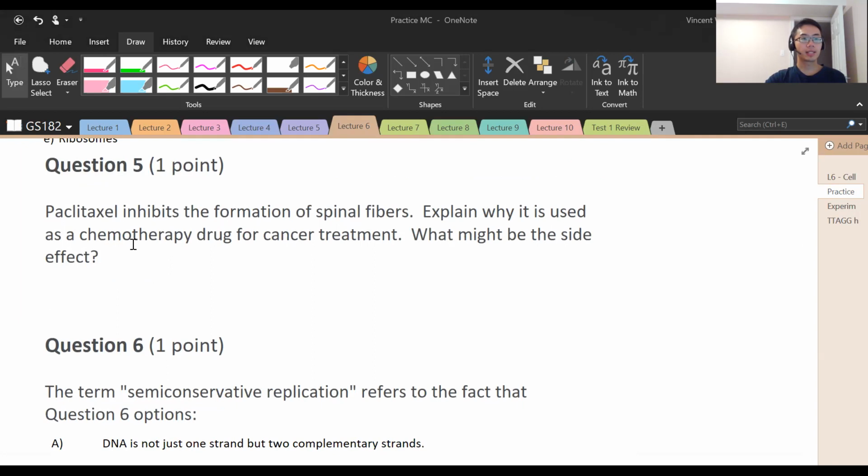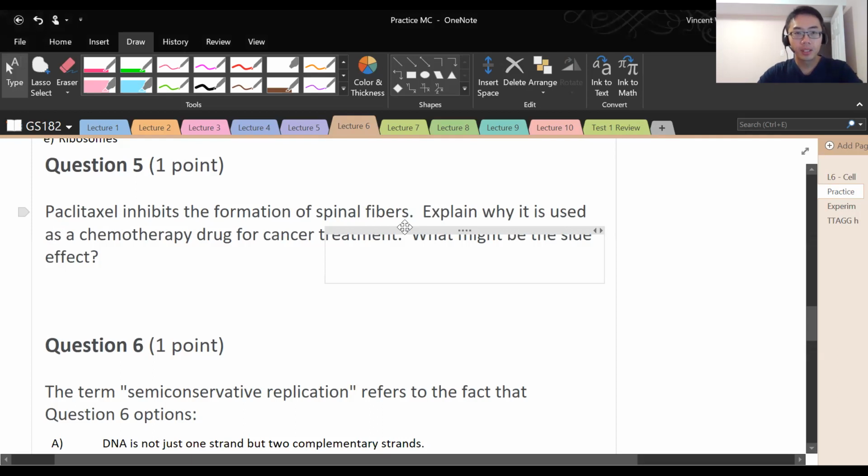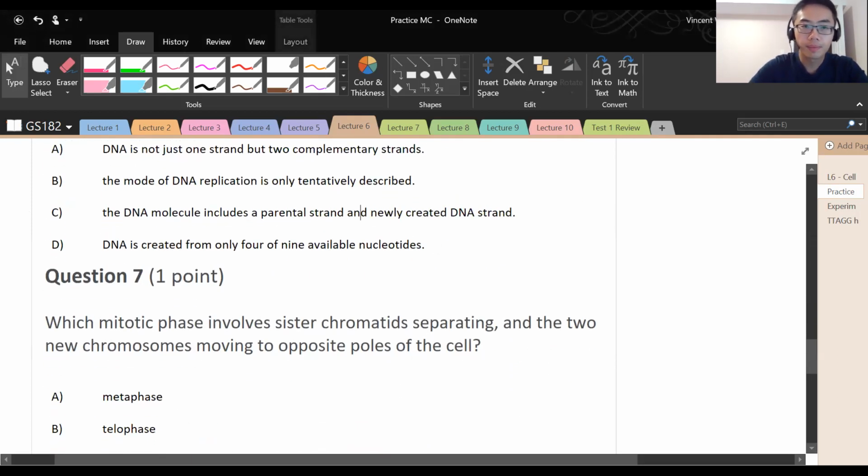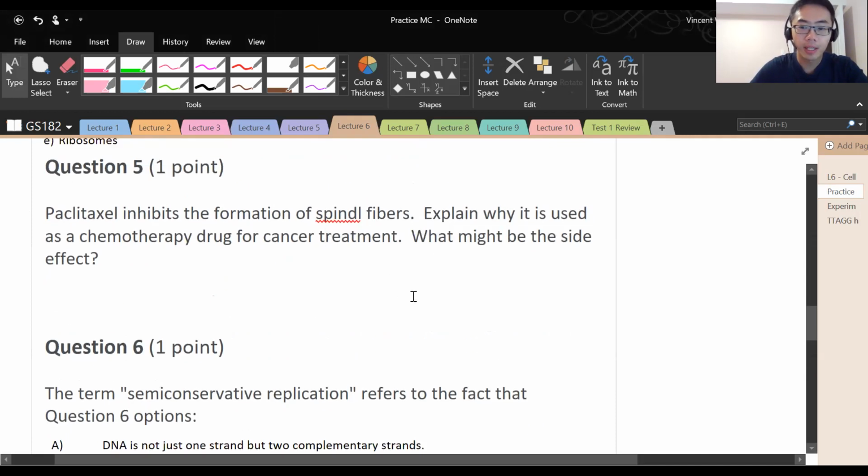Here is another question. It's not a poll, but it's something to think about. I have trouble saying this word, but I think it's paclitaxel. It's a drug. It inhibits the formation of spindle fibers.